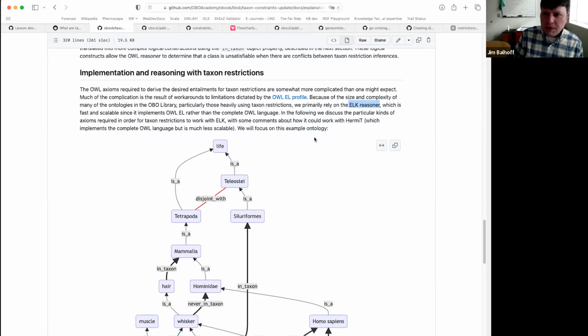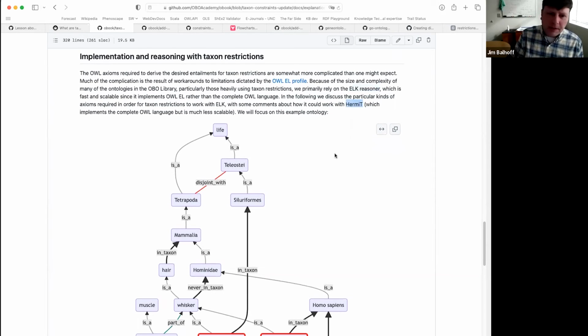ELK is really the only reasoner scalable enough to deal with those in Protege, so we want to make all of this work with ELK, because that's what we're using in our QC pipelines. I do have some comments in here about which constructs work with HermiT, which is the complete DL reasoner, which helps to know why we can't use those features.